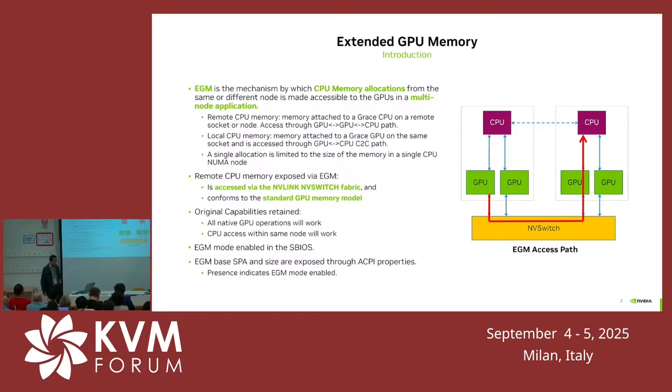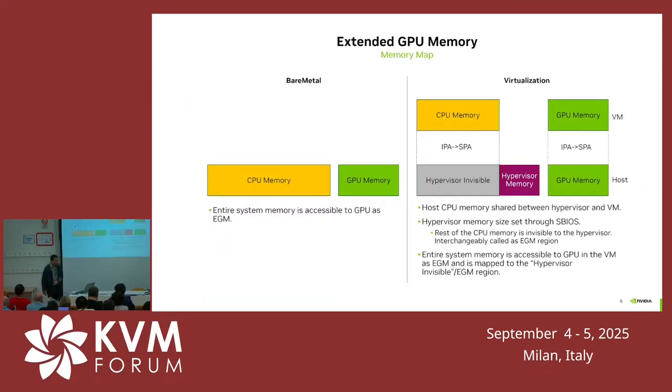In other words, if you do not enable it in SBIOS, there won't be any EGM properties in the ACPI table. On the left side, you can see there's a bare metal memory map, so the CPU memory and GPU memory, and the entire system memory is accessible to the GPU as EGM. So what that means is that you can do any allocation anywhere on the CPU memory. Obviously, the kernel would do it, but allocation can be made anywhere, and the GPU would be able to access it.